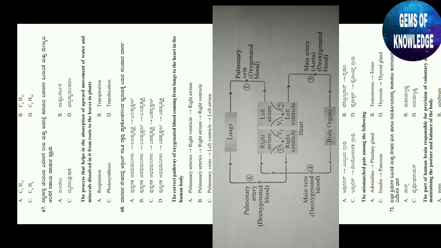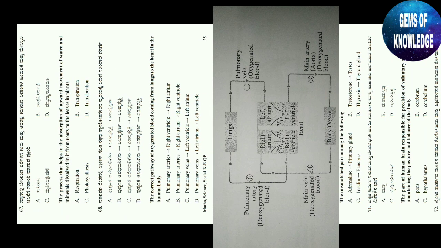Okay, so pulmonary arteries, right ventricle or right atrium, pulmonary arteries. So here the correct answer is D1, that is pulmonary veins. First comes the pulmonary veins, then the left atrium and then the left ventricle. So I hope you can see it in the image here.